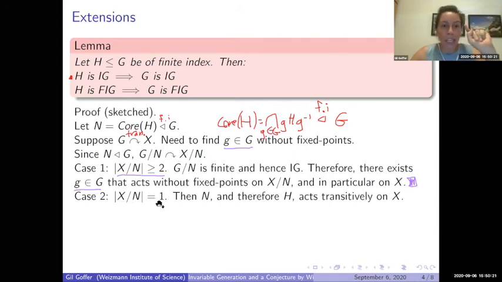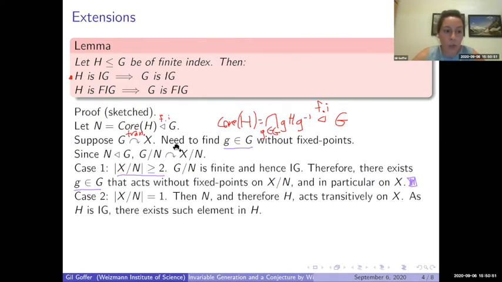If there is only one N orbit, this says that N itself was acting transitively on the space X. And if N was acting transitively, then obviously H was acting transitively on X. And if H acts transitively on X, then since H was IG, by assumption, by the third definition, I know that there exists some element h in H which is fixed point free. And this element is in particular in G. So this is the required element.